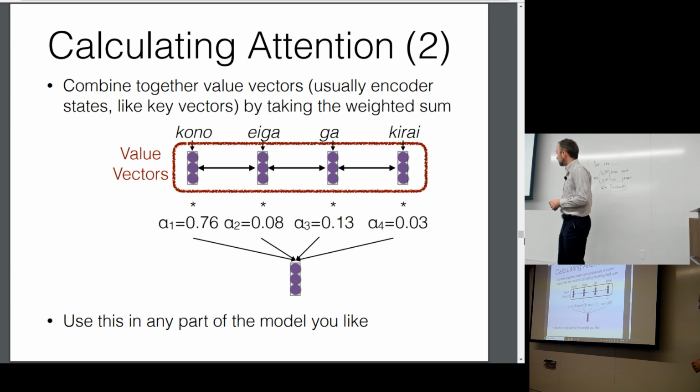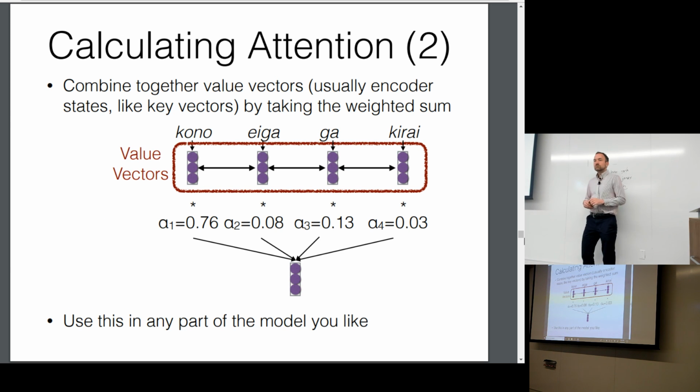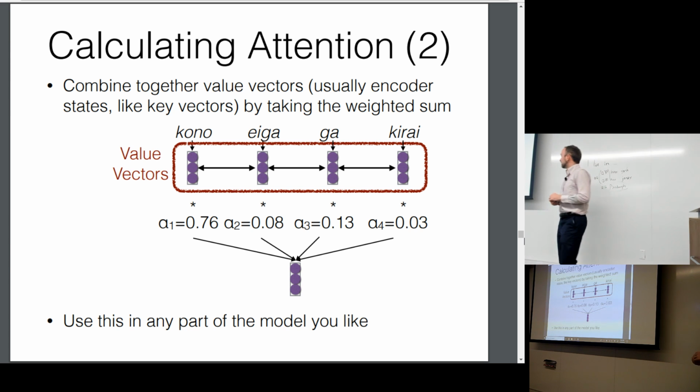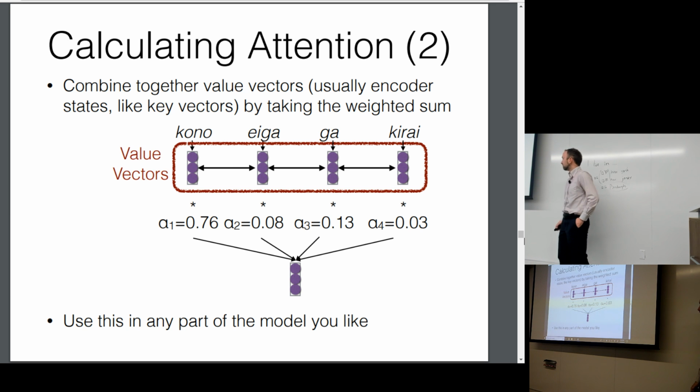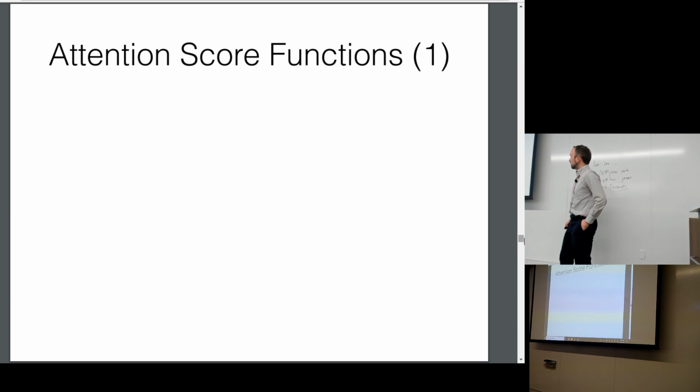So this is really, really useful. Basically, any state-of-the-art model for machine translation or dialogue response generation, or maybe less for dialogue response generation, but machine translation, image captioning, et cetera, is going to be using attention in some way.